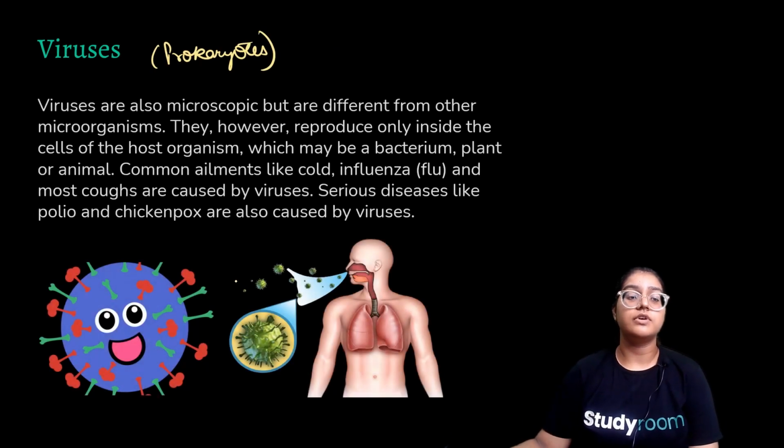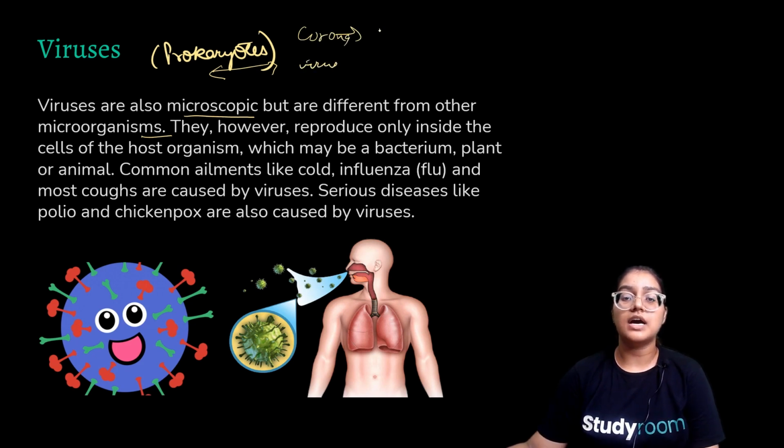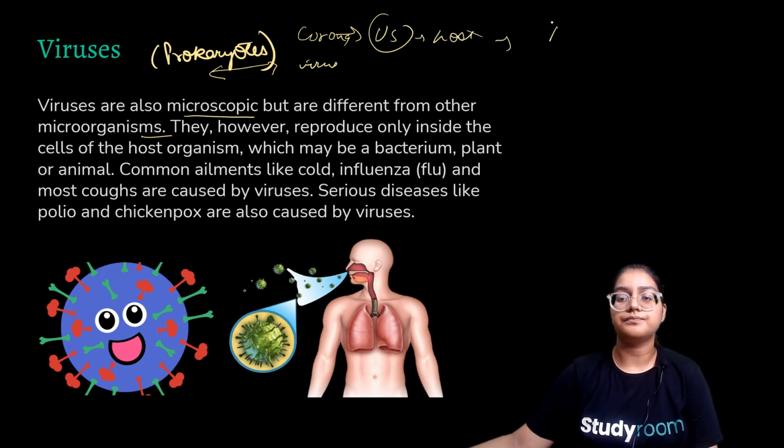Now viruses. First of all, viruses are not cells; they don't have any nucleus or any cell organelle. Viruses are microscopic but are different from other microorganisms. They, however, reproduce only inside the cell of the host organism. For example, coronavirus enters your body and it uses us as the host to multiply.